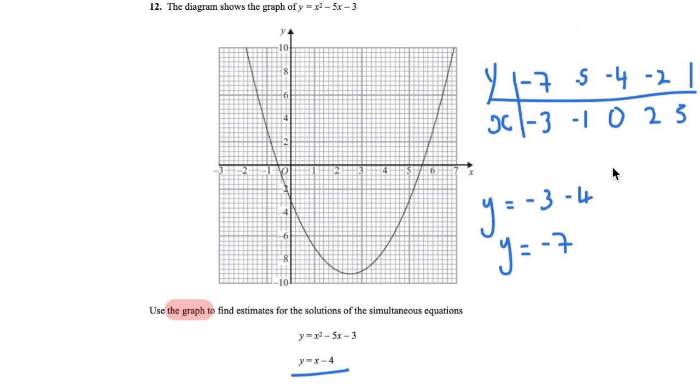You don't need to plot them all, especially if you know it's going to be a straight line. So we've got -3, 7, 1, 2, 3. We want about 2.5. It's important to do these right when we're using the graph to estimate. So we've got -1 and -5.